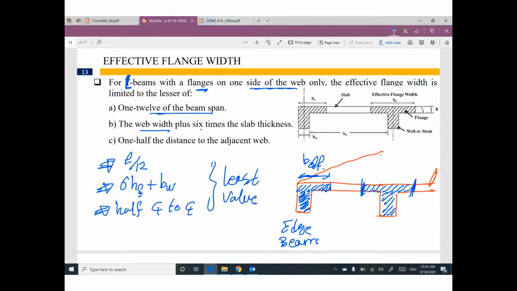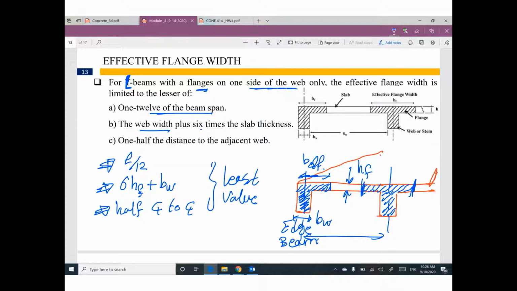So if your beam is on the edge of the slab, we have an L shape, so we have different limits for B effective. Span divided by 12, 6 H flange, this flange thickness, plus B web, or half the distance between this center line and this center line. We will use the half distance.